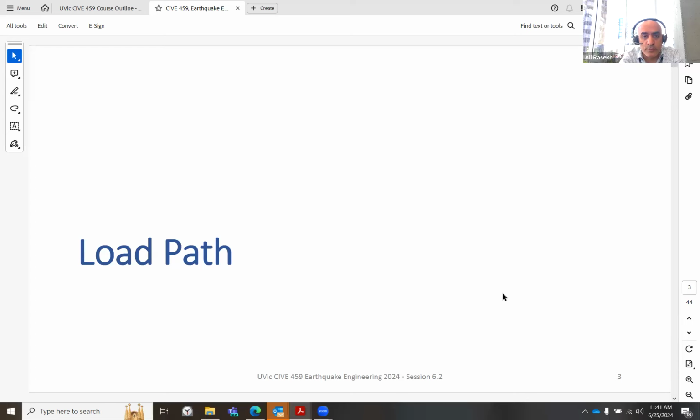We said that load paths are important, and a lot of times we say the top responsibility of a structural engineer is to provide load path and ensure that load paths are there.